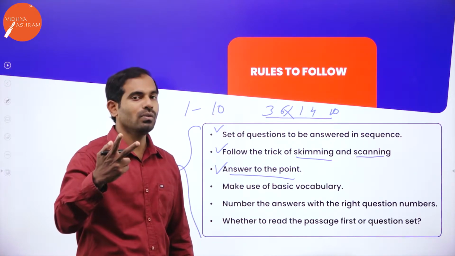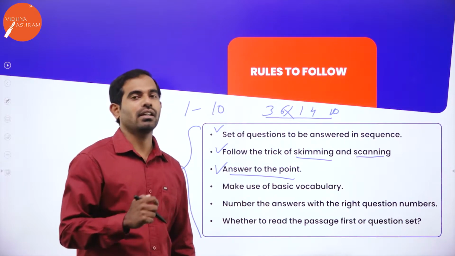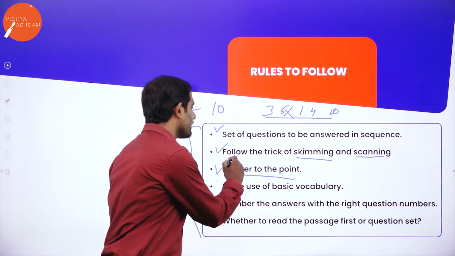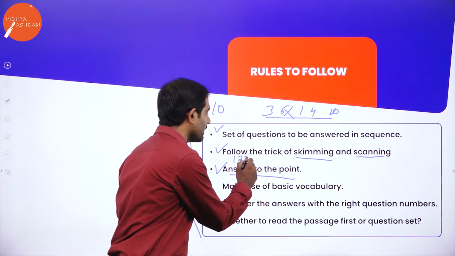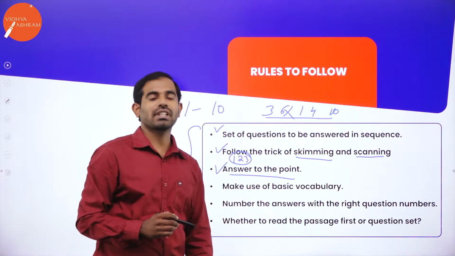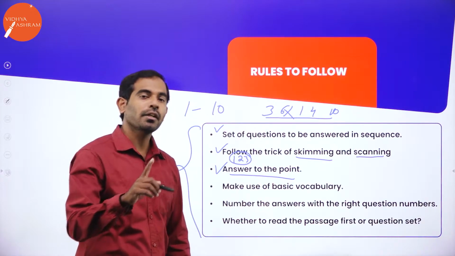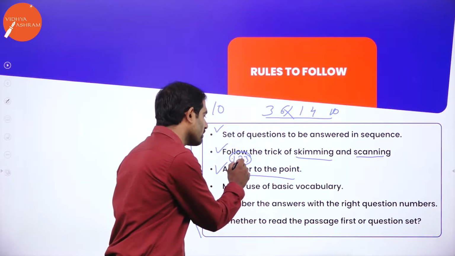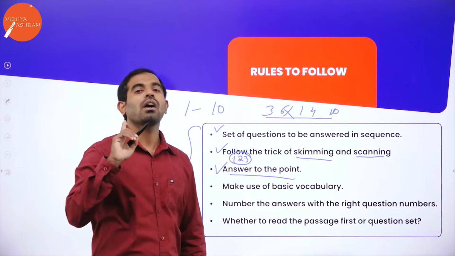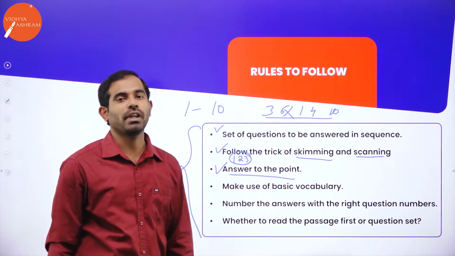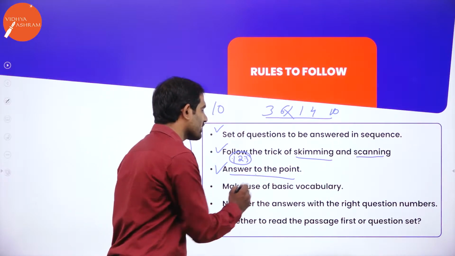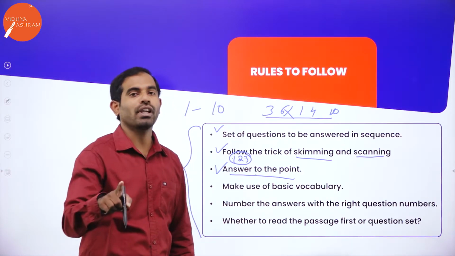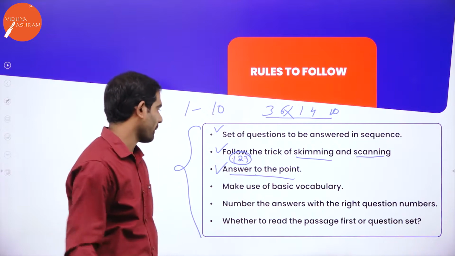Few students tend to write all 3 lines, 1, 2 and 3, and then think the answer is in the third line, so marks should be given to them. You will never get a mark. Keep this in mind. It should be precise. Answer to the point. There should be precision.